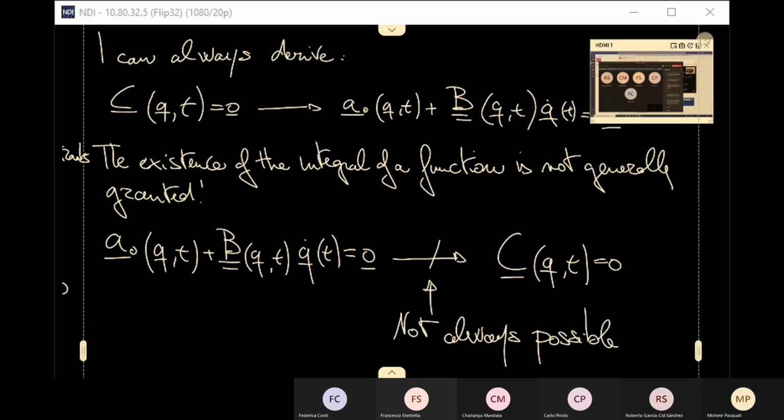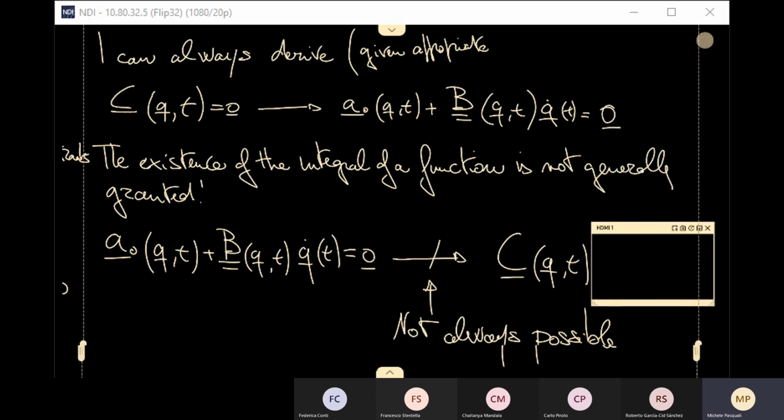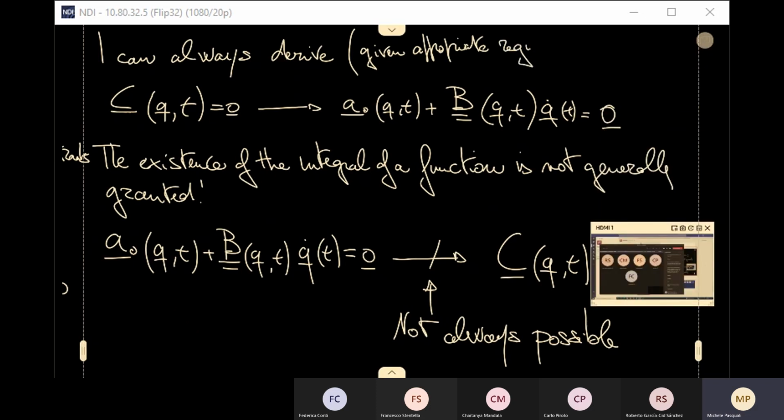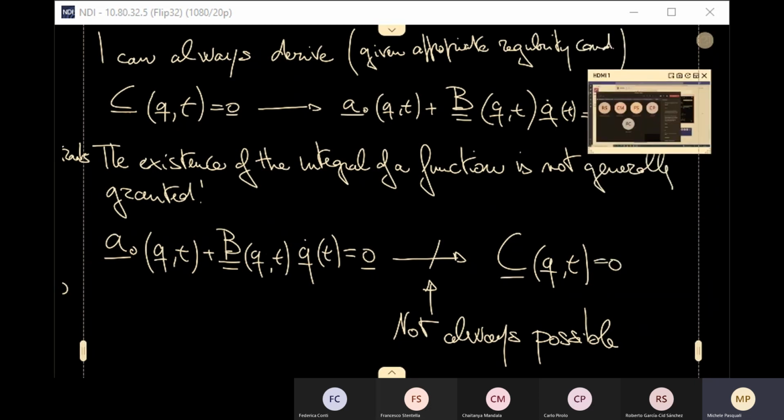Okay, here I can always derive, given appropriate regularity conditions. But these are typically generally fulfilled.